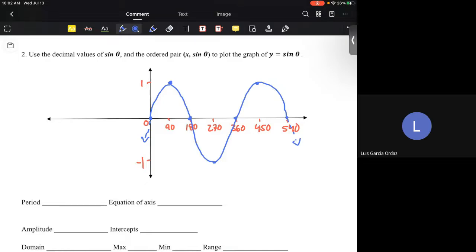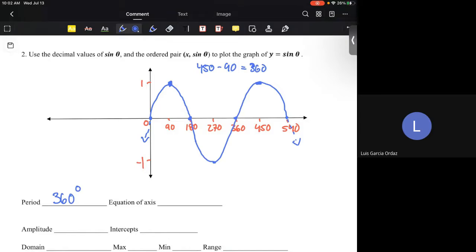Again, when we're talking about the period, we're talking about top to top. If you go from top to top, from 90 to 450, that is going to be 360 degrees. So the period of my sine function is always going to be 360 degrees.